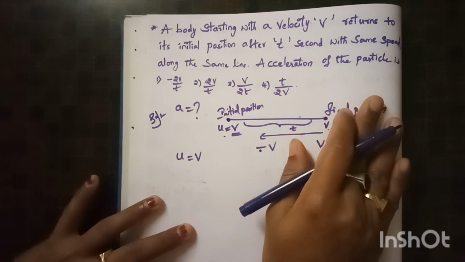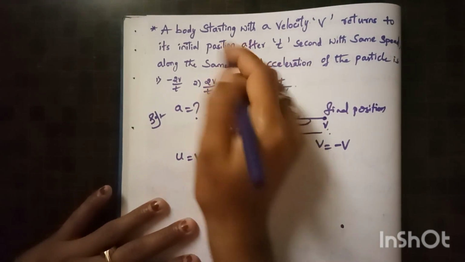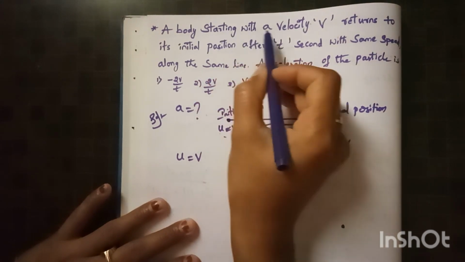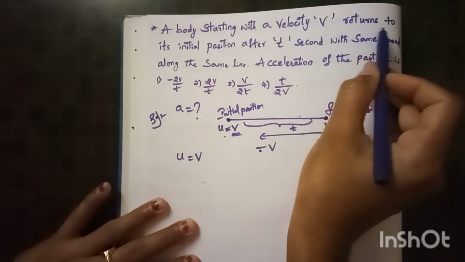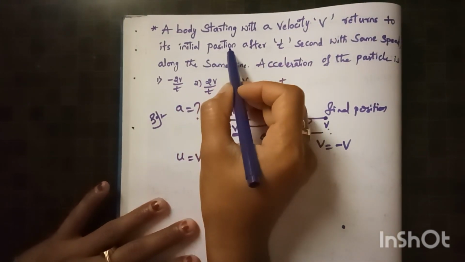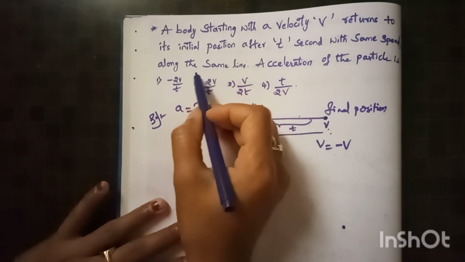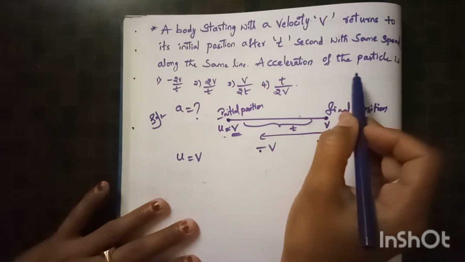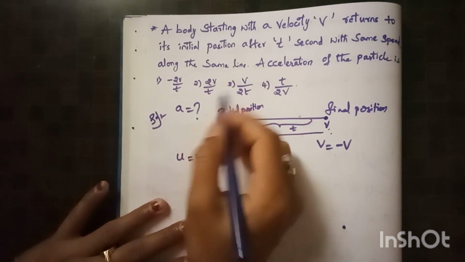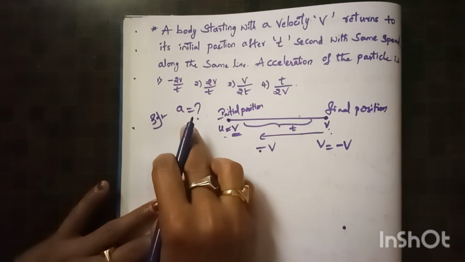Now we are going to discuss one more problem based on the kinematic equations. What they have given is: a body starting with velocity v returns to its initial position after t seconds with the same speed along the same line. Find the acceleration a.